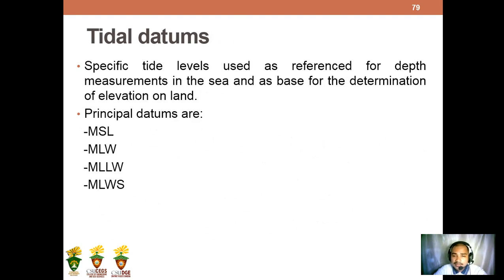And let's go to the tidal datums, kung asa naka-refer ang ato ang tide or the heights, kanang gitawag nato og vertical datums. So the specific tide, when you say tidal datums, it is the specific tide levels used as reference for depth measurement in the sea and as a base for determination of the elevation of the land.